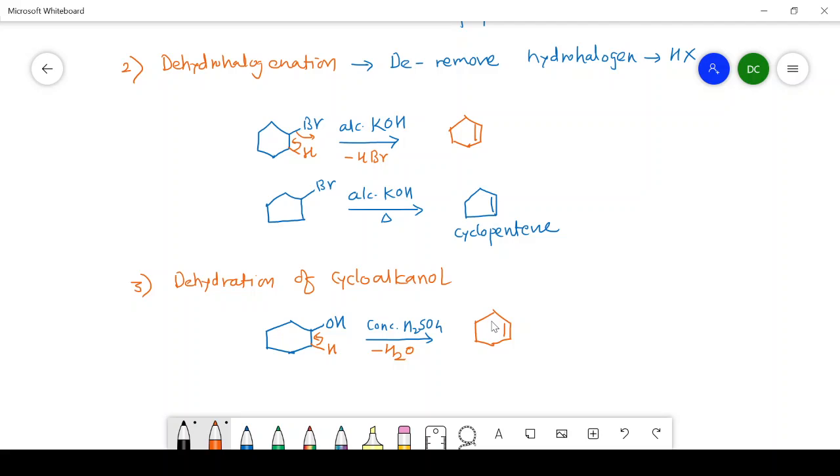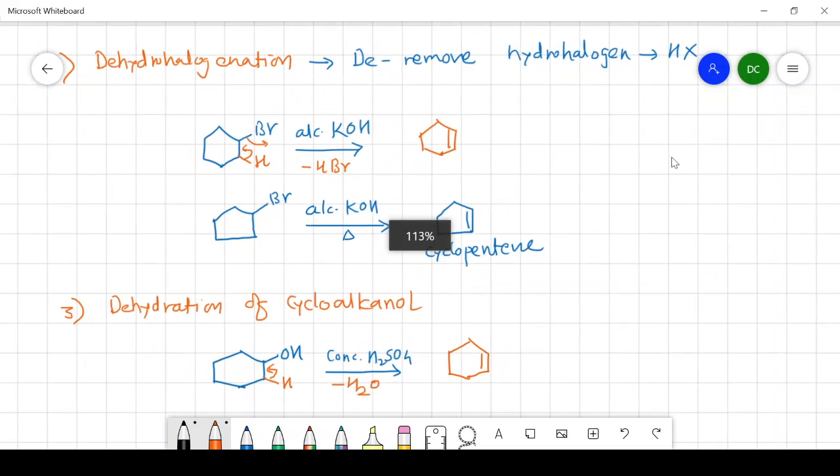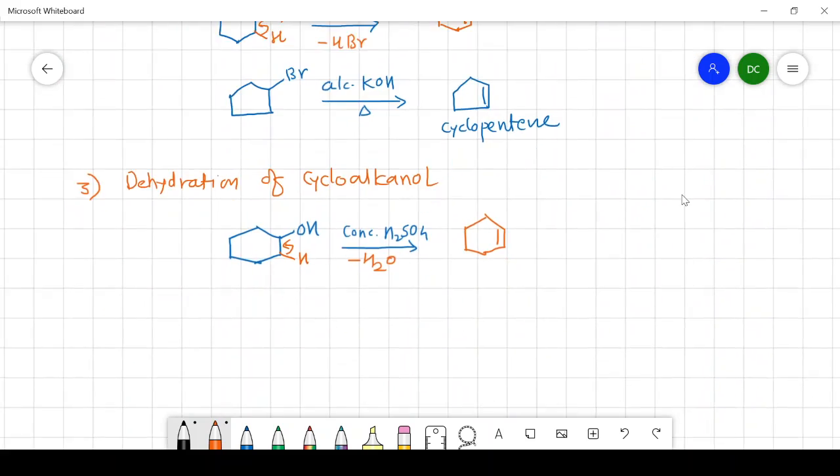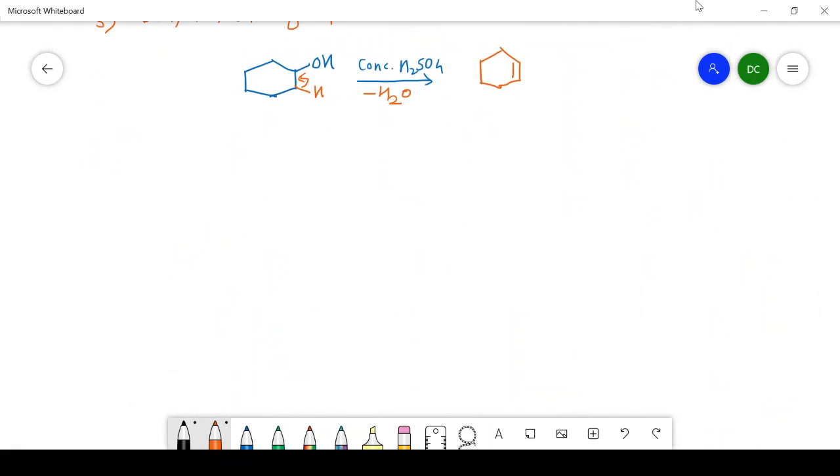Now we will turn towards the chemical properties or chemical reactions of cycloalkenes. Cycloalkene shows chemical reactions similar to the alkene because it undergoes addition reaction rather than substitution reaction.